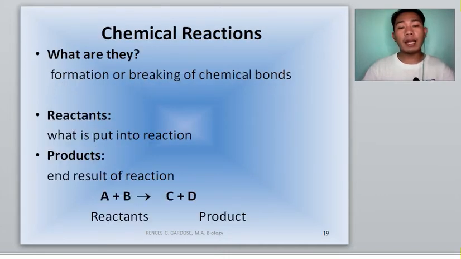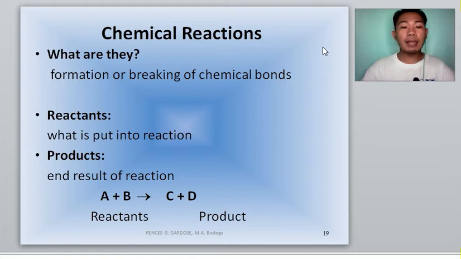In living organisms, there are chemical reactions that are actually happening inside their body. So, what are these chemical reactions? Chemical reactions are the formation or breaking of the chemical bonds. In every reaction, there are reactants and products.